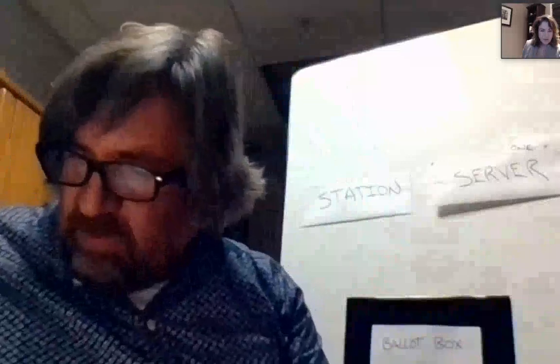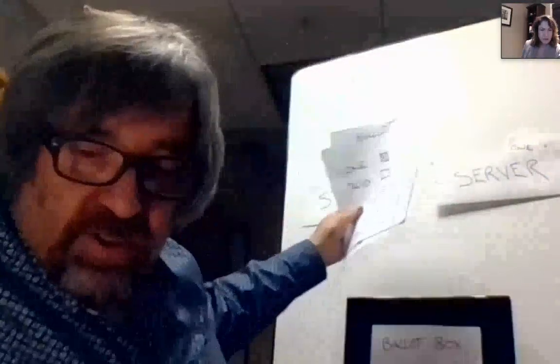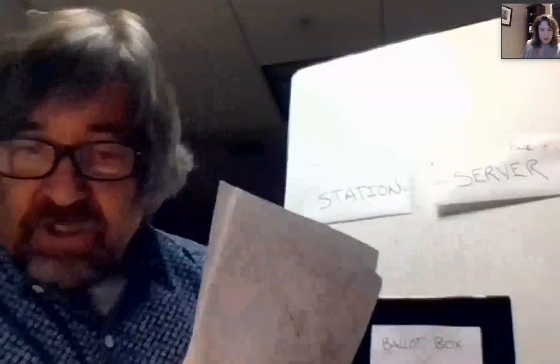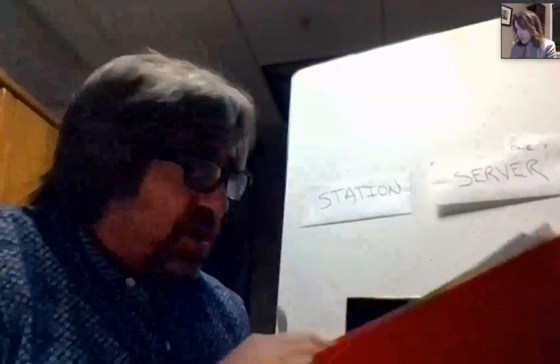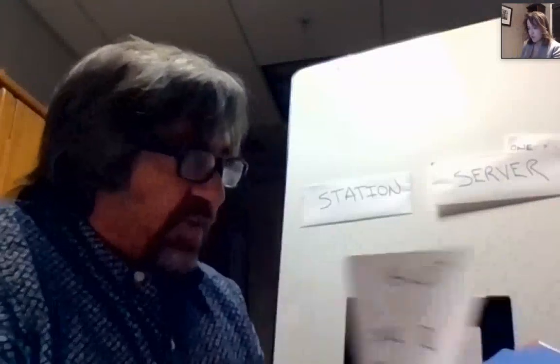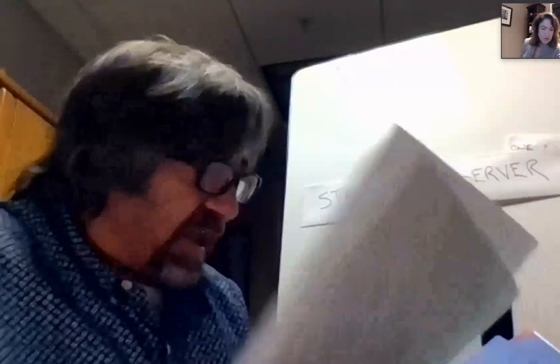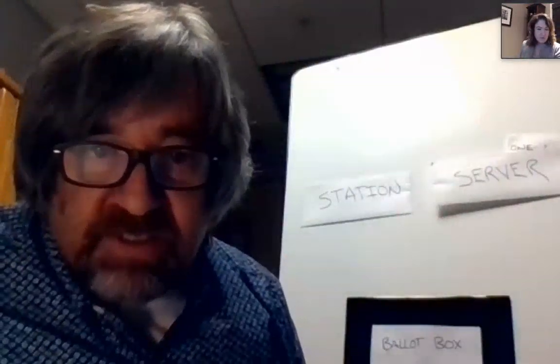So we come through, we've got our paper ballots in the lockbox. We run them through a station. It does an image on that station. If it's a new one, it passes it up to the server. Let's say they hack the server and replace that image.